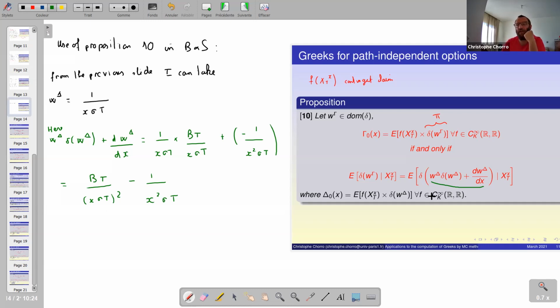If I want to take this candidate as a possible W of gamma, so I can take W gamma equal to what I want.